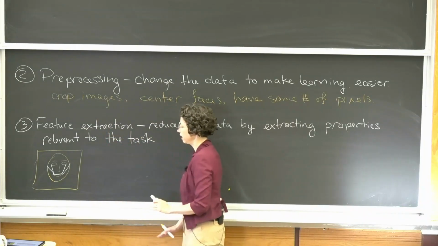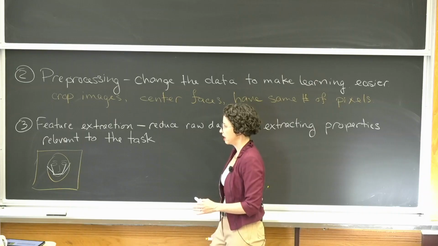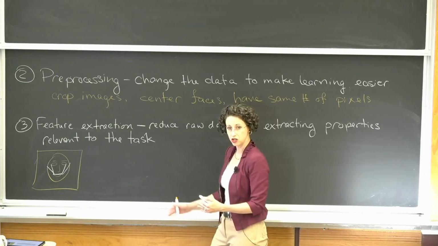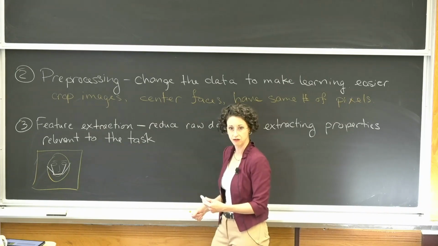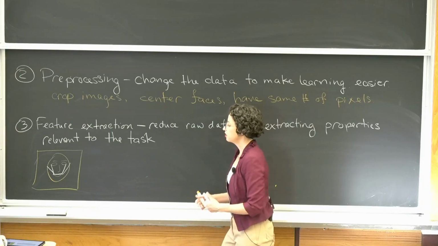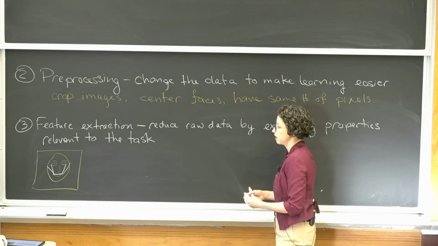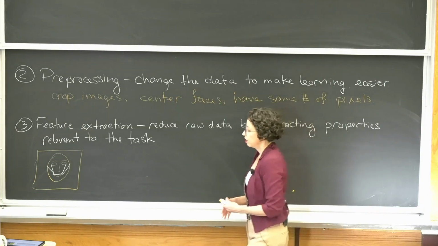So we might have a variety of different facial features that we can extract, and then instead of representing the image in terms of its pixel values, we represent it in terms of, say, these different distances between different facial features. This can be extremely helpful in settings where you might not have a whole lot of training images.